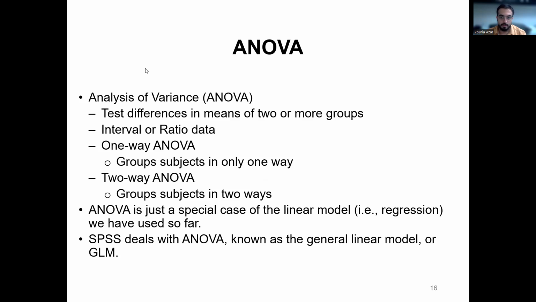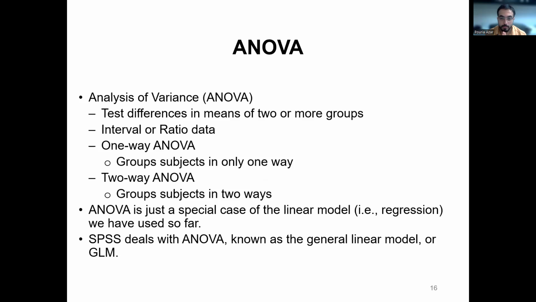So let's say in our puppy example, we had just a control group and 15-minute therapy with puppies. We have two independent groups, and instead of running an independent t-test, we can run ANOVA and the output will be the same.